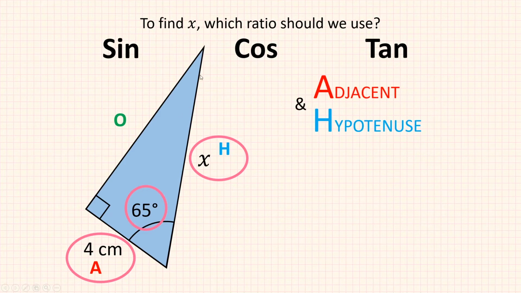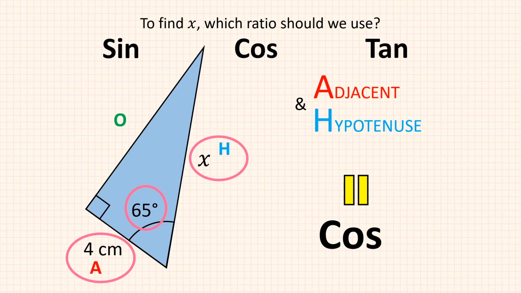Now I look at my ratios, which one of those would we use to find the hypotenuse? Which ratio has adjacent and hypotenuse in it? If you think about our mnemonic, SOH CAH TOA, CAH has an adjacent and a hypotenuse in it, which is cos. So for this triangle, we would use cos.